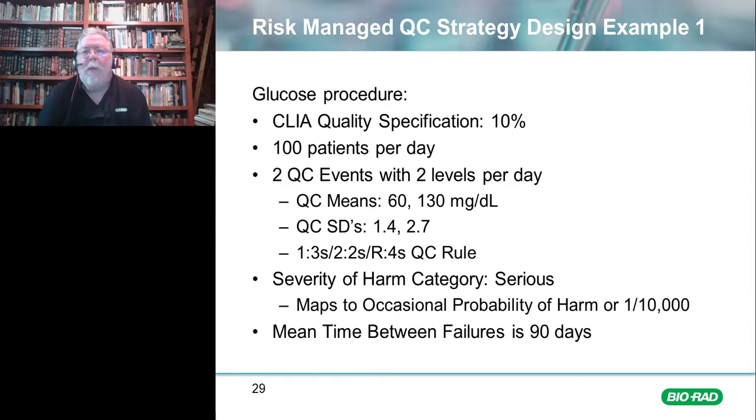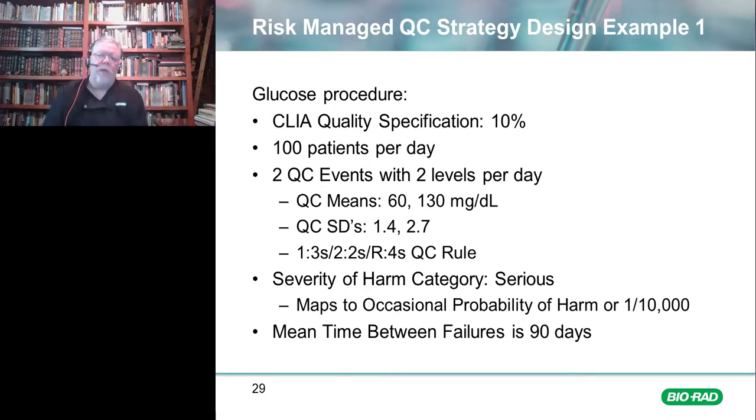So here, I've got an example for a glucose procedure. And these are all the metrics that we've talked about. So we've got a quality specification of 10%. I'm testing 100 patients per day. I have 2 QC events that I'm using with 2 levels. Here are my performance statistics for the QC, and the QC rule that I'm using.